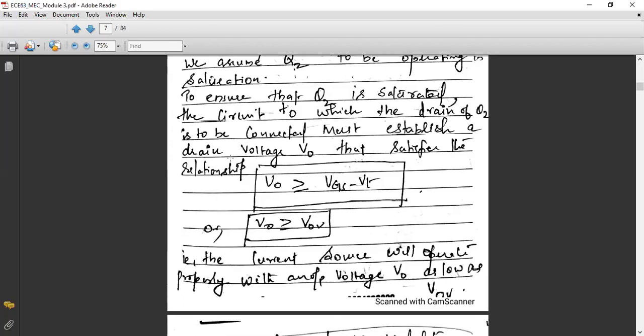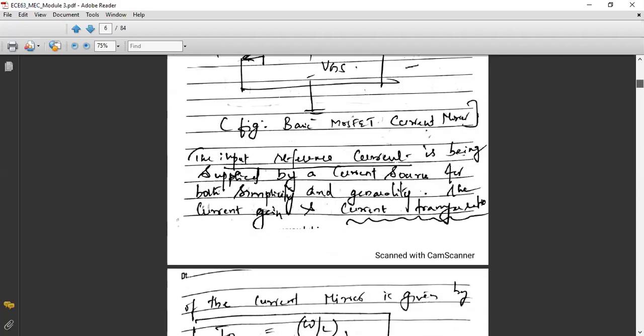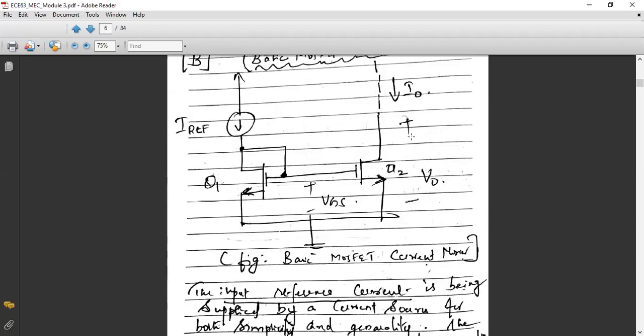So for that, we will begin with this particular equation. As I told you, for any successful performance of a current mirror circuit, the transistor should always be in saturation. And what is the condition of saturation? The condition of saturation is VDS greater than or equal to VGS minus VT. As you are aware, if you observe the output transistor Q2, the drain to source voltage of Q2 is nothing but your output voltage V0.